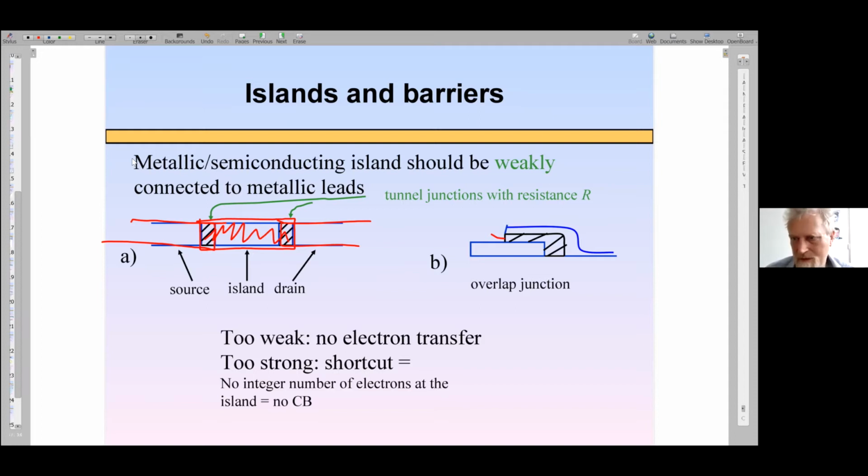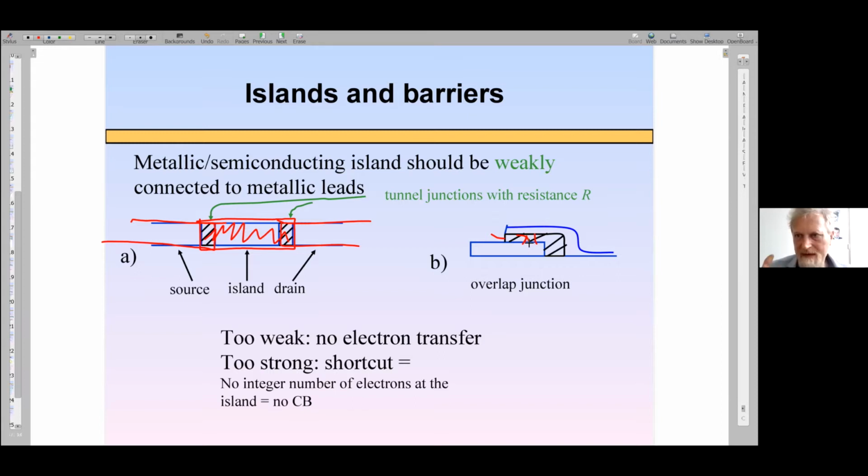That's probably not what you want. If you make the coupling too strong, then perhaps you could have a shortcut. And in this case, you cannot really separate your island from the rest of the metal. You're going to lose the integrity of your charge.